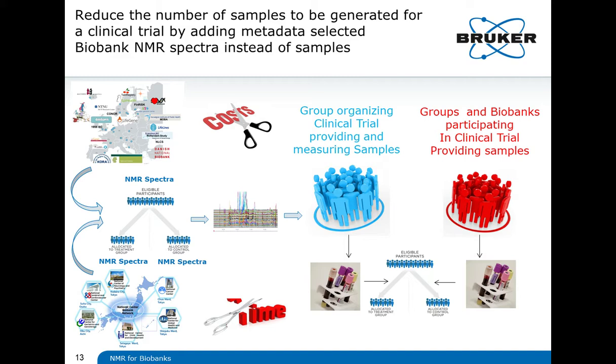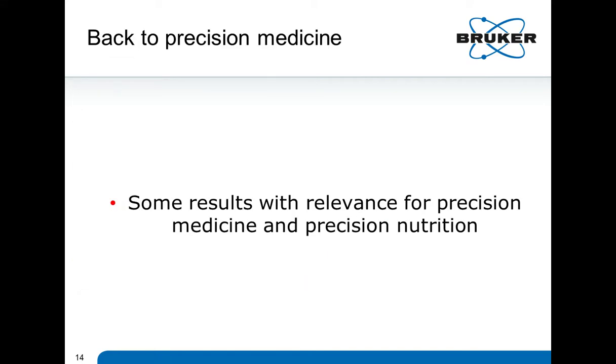So that means here could already be a substantial reduction on additional samples that you have to generate for the clinical trial. And like this, of course, you can substantially reduce time and cost. So at least for this NMR solution based on reproducibility, this is what we can do.